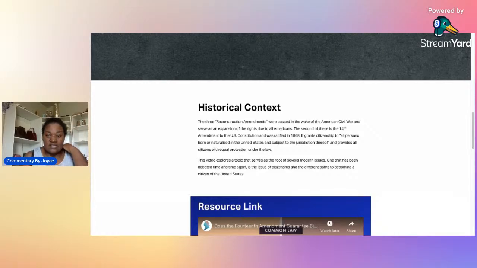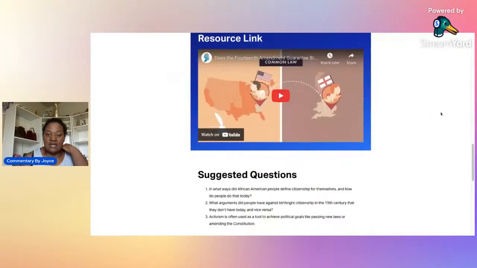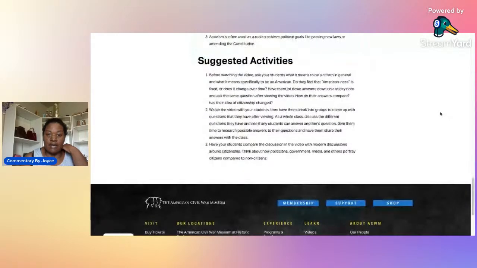It grants citizenship to all persons born or naturalized in the United States and subject to the jurisdiction thereof, and provides all citizens with equal protection under the law. And so that's a little bit of background on it.